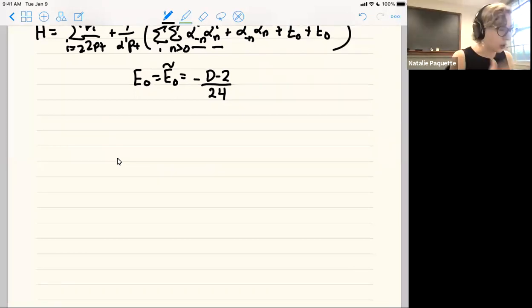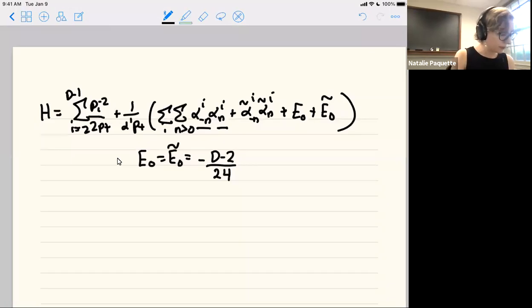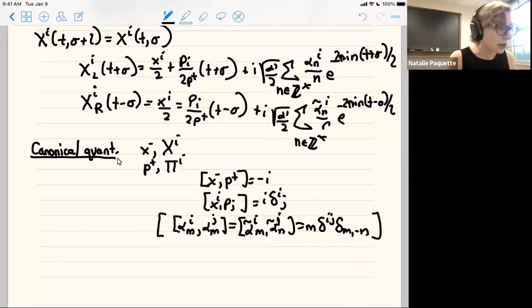Great. So we have a quantum mechanical system with a Hamiltonian. It includes two decoupled sets of an infinite number of harmonic oscillators, and also the simple quantum mechanics of the center of mass modes. As always, we want to define a ground state to be annihilated by the sets of our annihilation operators, which correspond to positively moded operators, by these commutators. Then we want to build the Hilbert space by acting on the ground state with creation operators, which in this case are the negatively moded operators, in all possible ways.